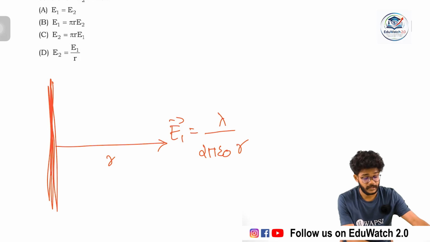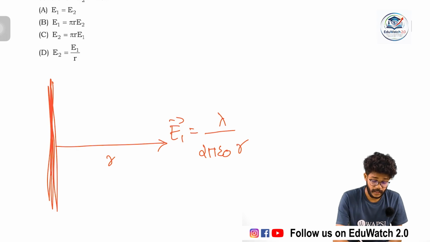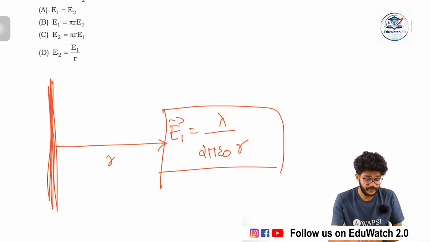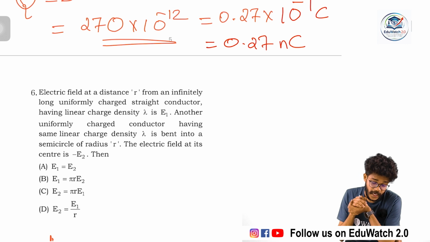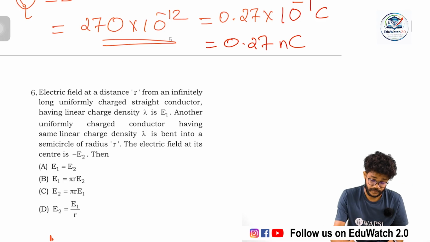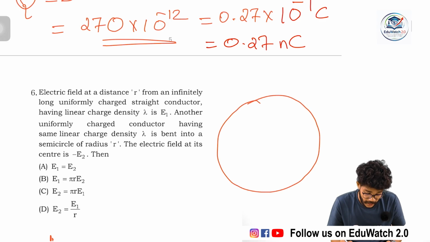That means E1 is equal to 1 by 2 pi epsilon 0 into lambda by r. This is a standard derived formula given inside the textbook, you can refer to it. What is the second case? Another uniformly charged conductor having the same linear charge density lambda is bent into a semicircle of radius r.